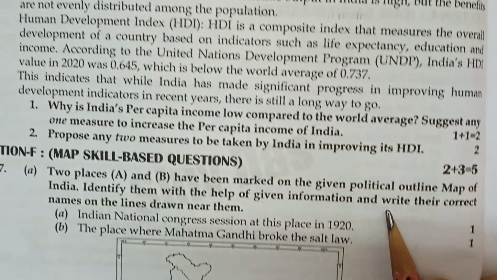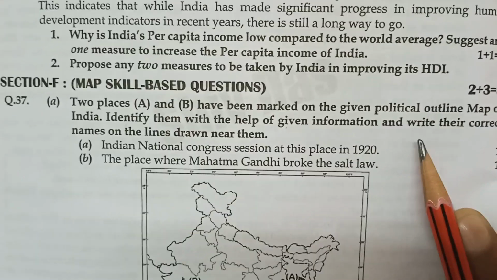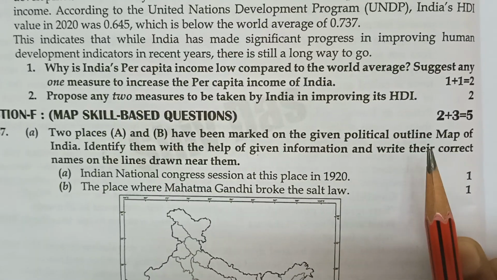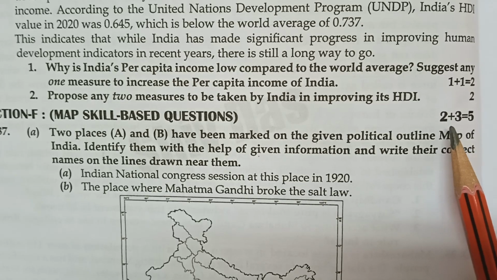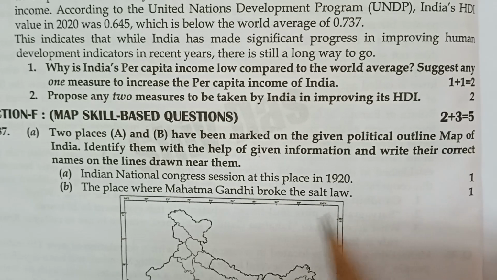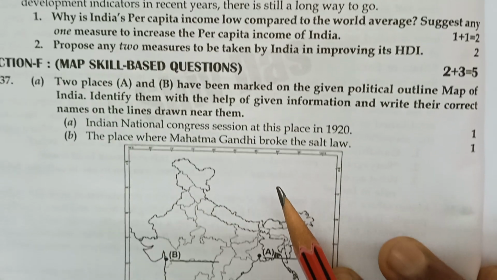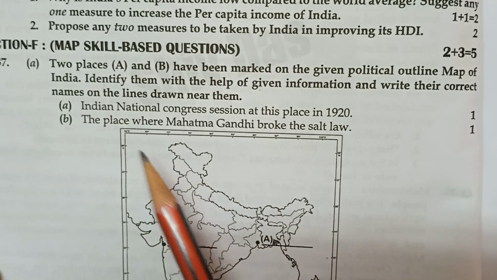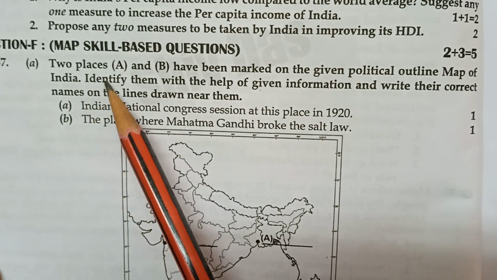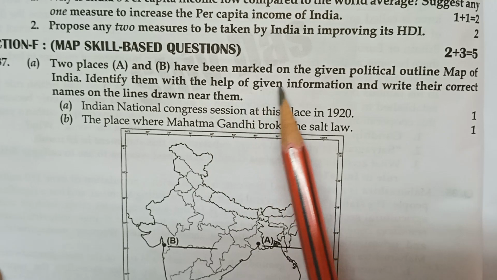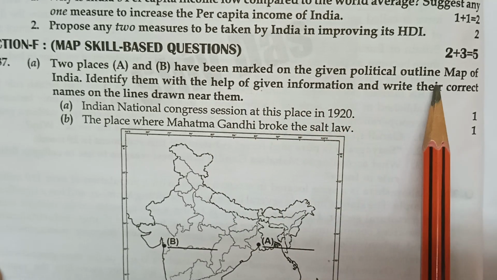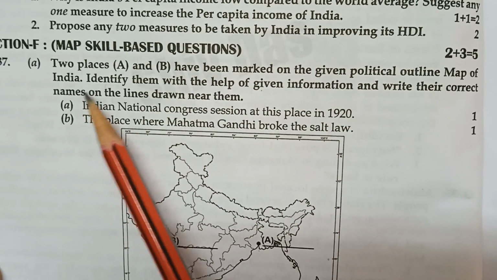Now I will come to a map-based question. It's Section F, containing 5 marks, 2 plus 3. So 2 is from the history section and 3 is from the geography section, which we have already discussed. Two places, A and B, have been marked on the given political outline map of India.